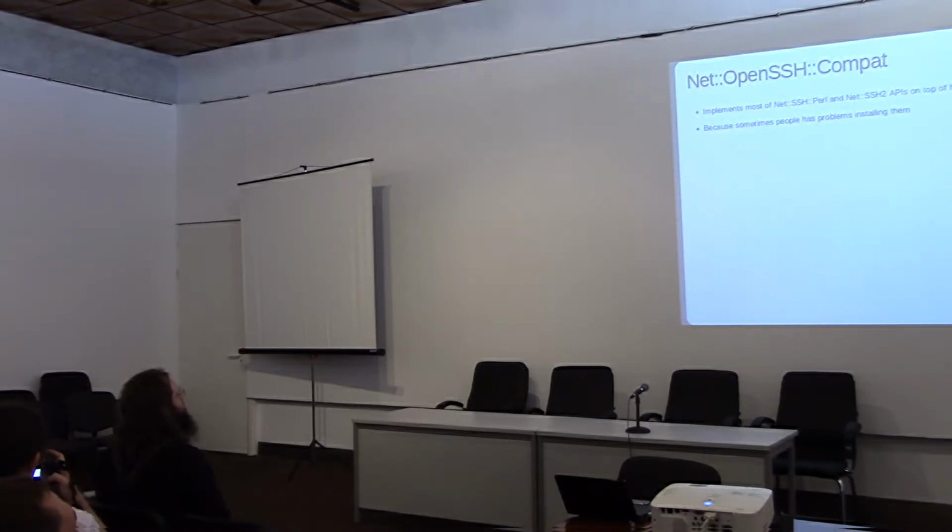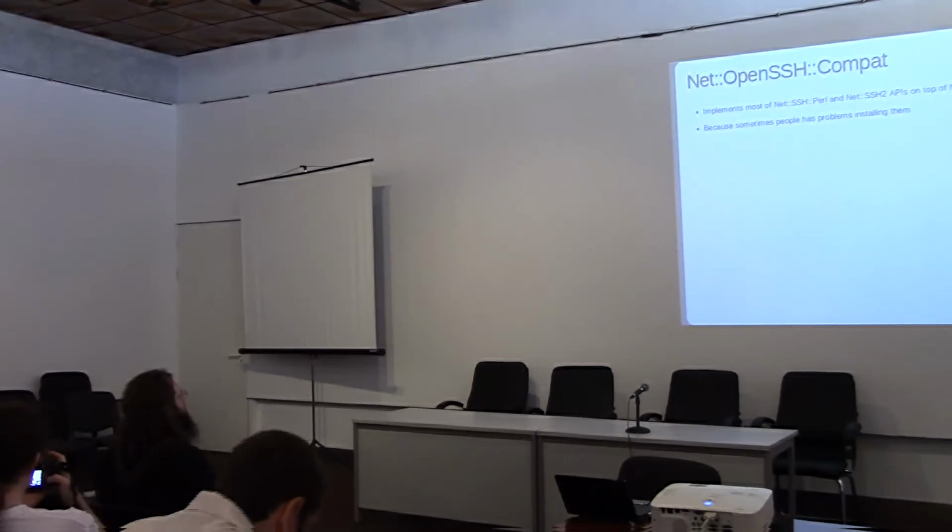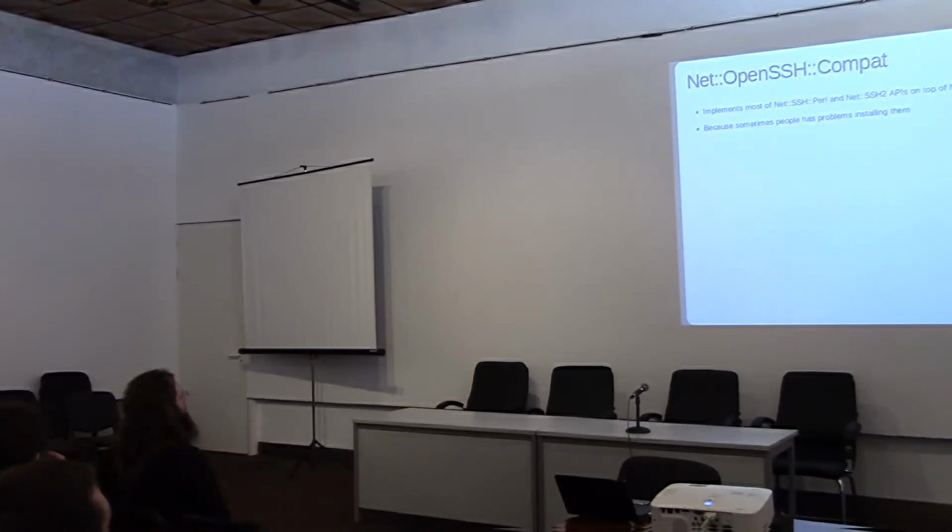If you load this module before loading that one, it's going to fake the module and replace it. And it works for most scripts. I have never received a report from somebody saying that something was not implemented, because very few people use the advanced features of those 2 modules.